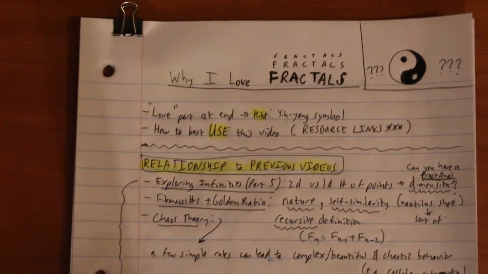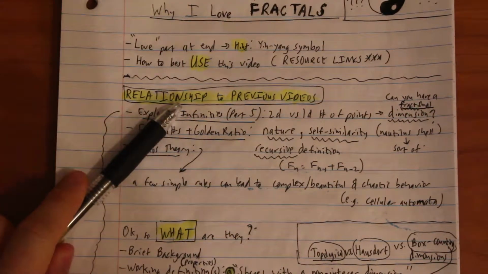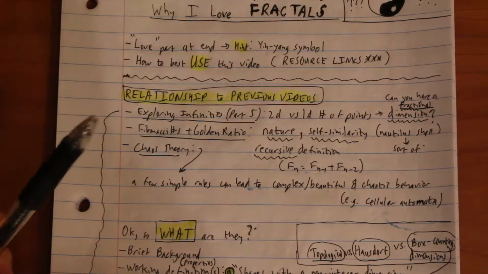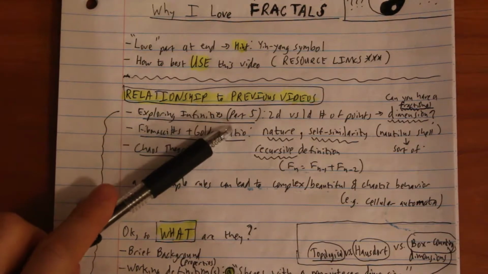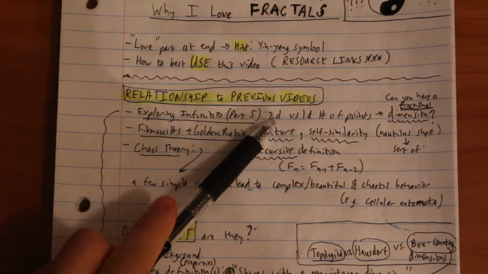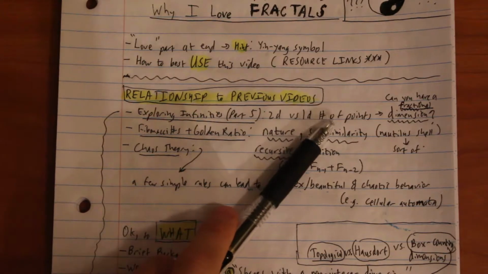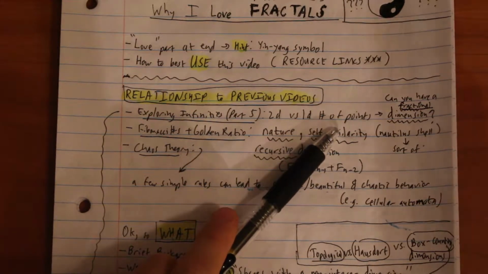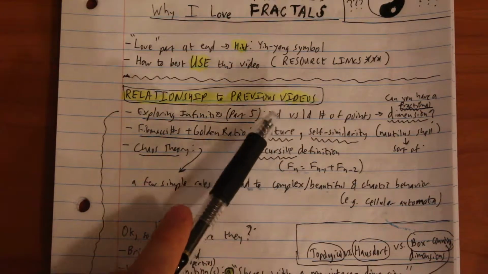Alright, so I want to first relate this video to all the previous videos in this series on math and nature and art, specifically 3 videos. So the Exploring Infinity videos, part 5, where we discuss 2D shapes versus 1D shapes and which one has more points, so the number of points. And we had this strange surprise where although a shape was in 1D, it had the same number of points.